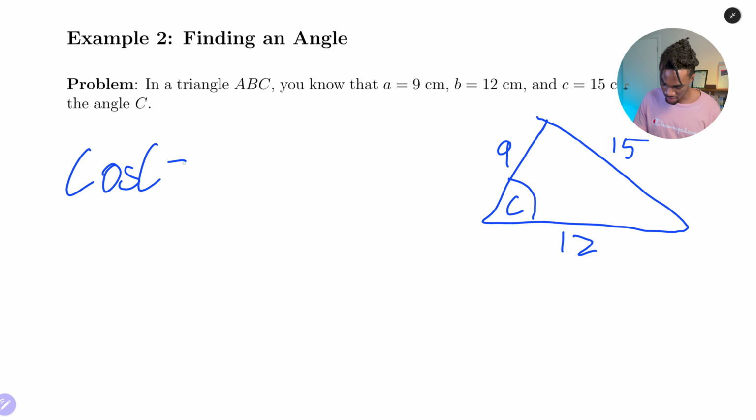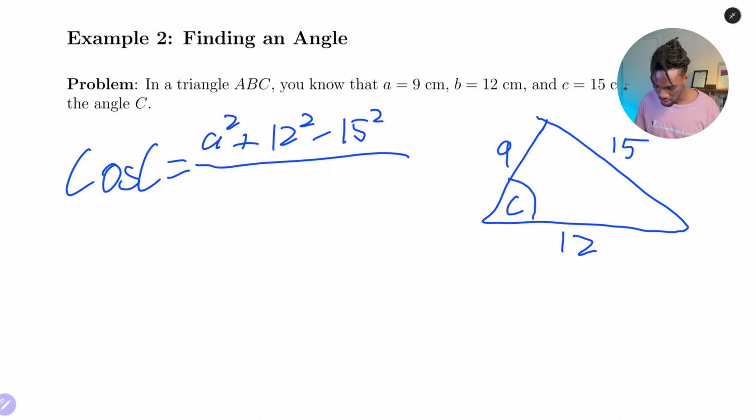Cos C is equal to A squared plus B squared minus the side opposite the angle, this is what I mean, 15 squared, over 2 times 9 times 12.